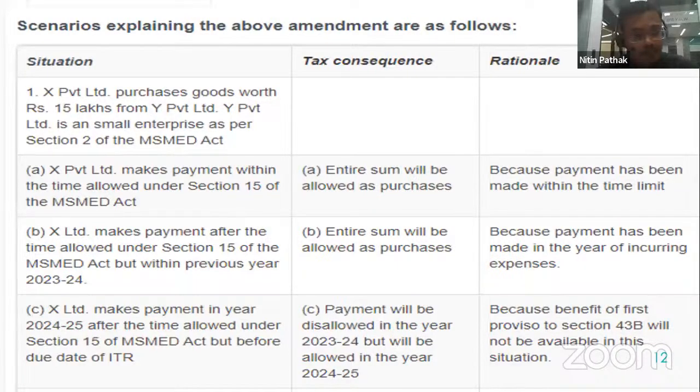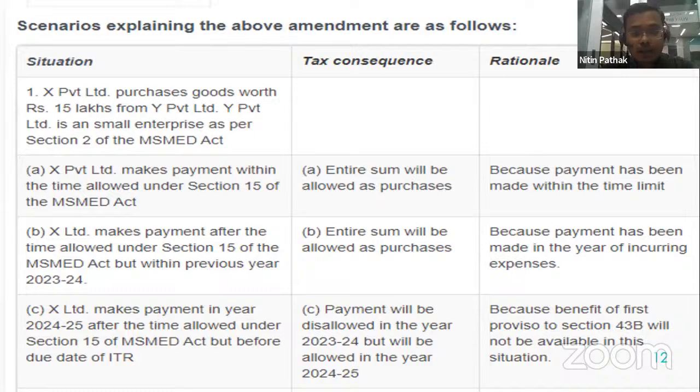Under Section 15 of the MSME Act, first, if X Private Limited makes the payment within the limit of the MSME Act we mentioned earlier, that is 15 days or the agreed period, with a maximum of 45 days, then their purchases are allowable purchases, and the expenditure on the purchase is allowable expenditure in the same financial year.